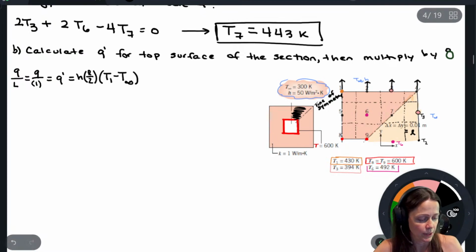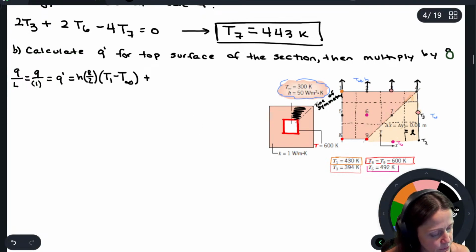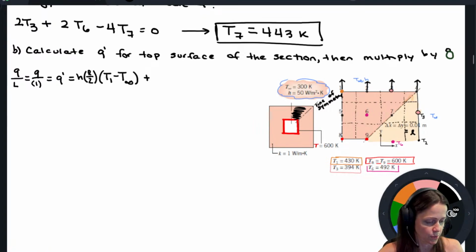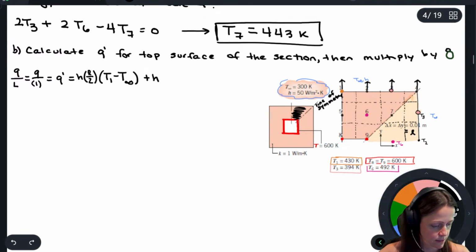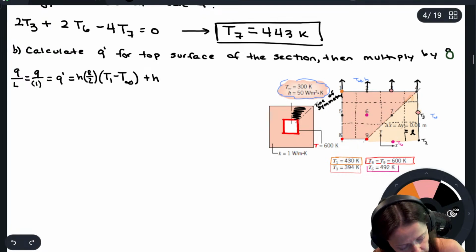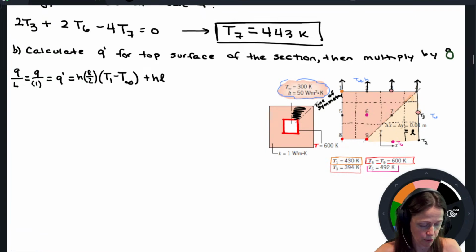Then I'll have another one. The second node, at T2, is going through a full area, L times 1, divided by 1 because it's per unit length.